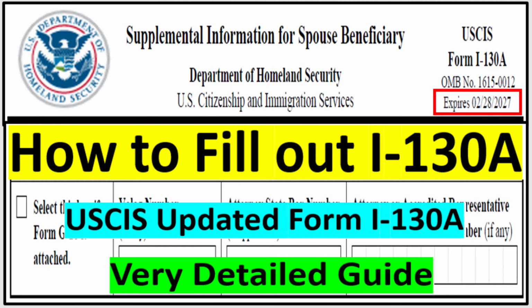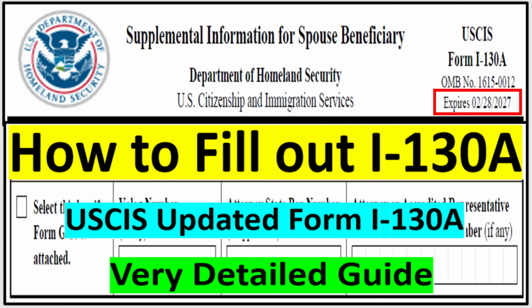In today's video, we are going to talk about how to file Form I-130A, which is supplemental information for spouse beneficiary. This is a new version of I-130A, just released by USCIS a couple weeks ago, and it will expire on February 28, 2027.